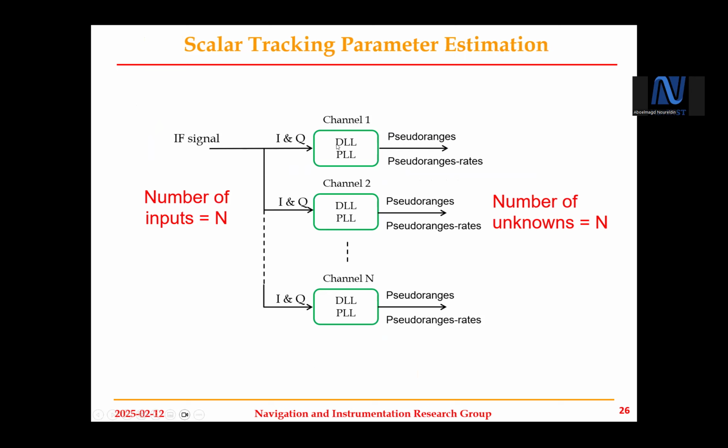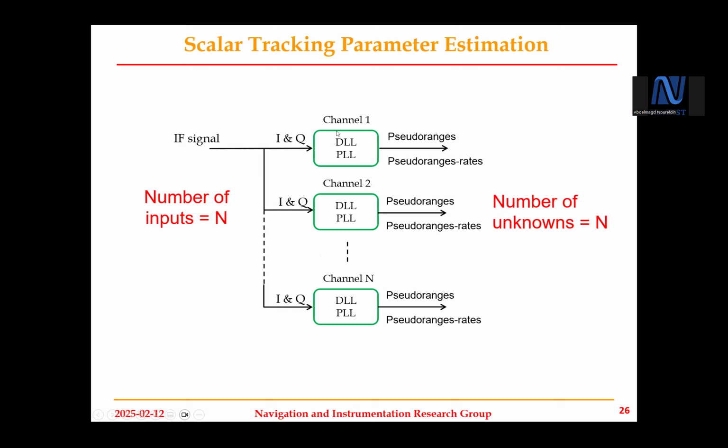For the code tracking loop, they call it the delay locked loop. For the phase, they call it the phase locked loop. Regardless of the names, how many channels do we have? We have one channel here with two unknowns, right? Let's omit the phase now. We talk about the delays.